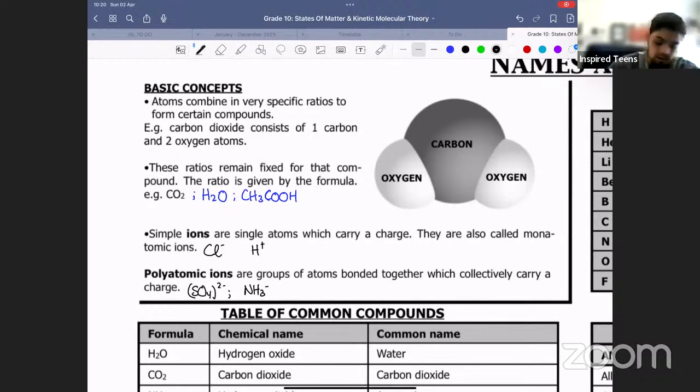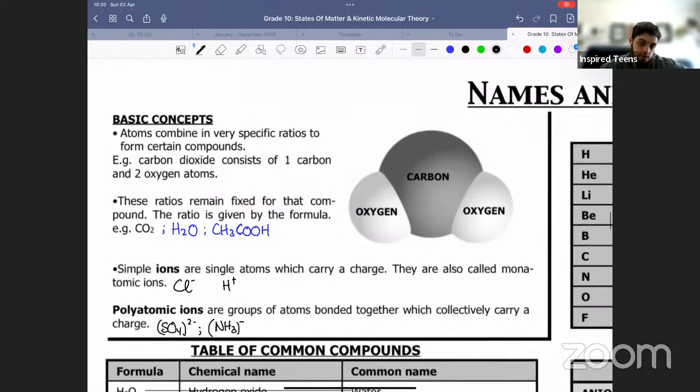The entire compound is carrying that charge. Which charge? This 2 minus. So for example, the SO4 is carrying 2 minus charge, NH3, the whole thing is carrying a minus charge. Okay, so that's an important concept to understand. It really is. Okay, these ratios remain fixed.